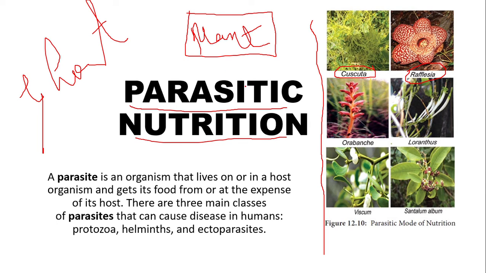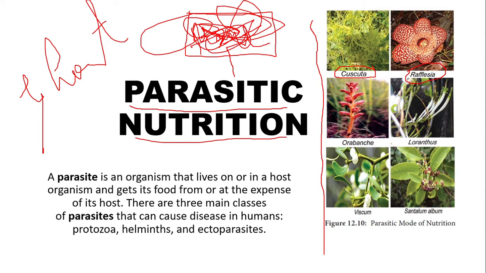So this parasitic plant has grown. If you take the example of dodder or cuscuta, it will roll on the plant and start consuming the nutrition of the green plant, which is an autotroph.